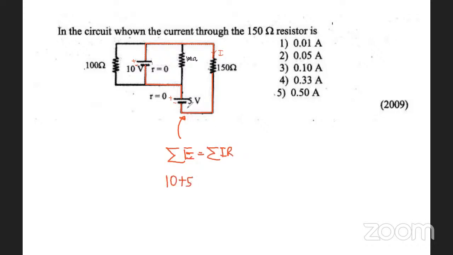Both must be added, equal to, for IR, surprisingly, you have to choose only I into 150. We don't have to worry about those 100 ohms because we have not included those 100 ohms in our loop. Then 15 is equal to 150 I, I is equal to 15 over 150, and that is 0.1 ampere, and the answer is third one.